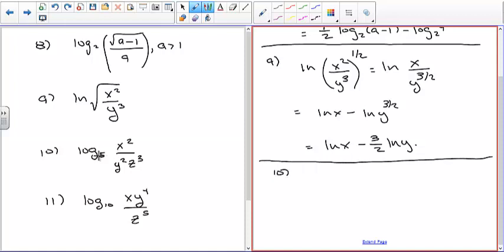Okay, number 10. So I've got this in the numerator, these two both in the denominator. So if it's in the numerator, it's positive quantity, and if it's in the denominator, it's a negative quantity. So I'm going to have positive log base 5 of x squared minus, because it's in the denominator, log base 5 of y squared. And then the z is also in the denominator, so it's going to be log base 5 of z cubed.